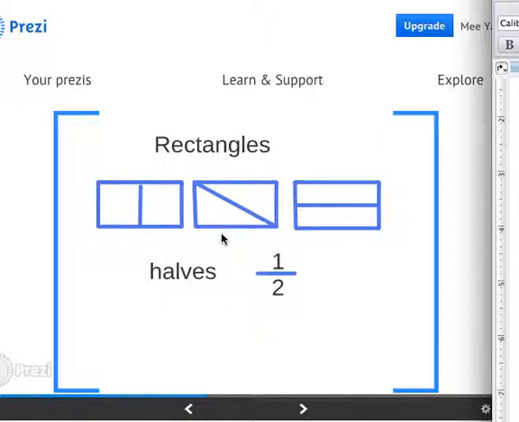Two triangles that make up the rectangle. So we have two halves using two triangles. Another way to create halves using a rectangle is to split it across, going horizontally.